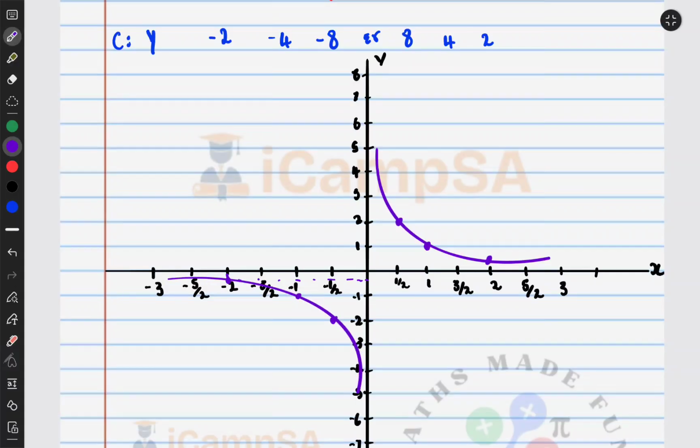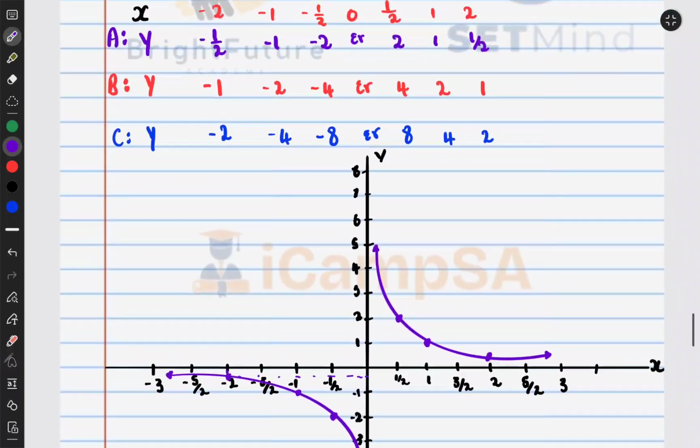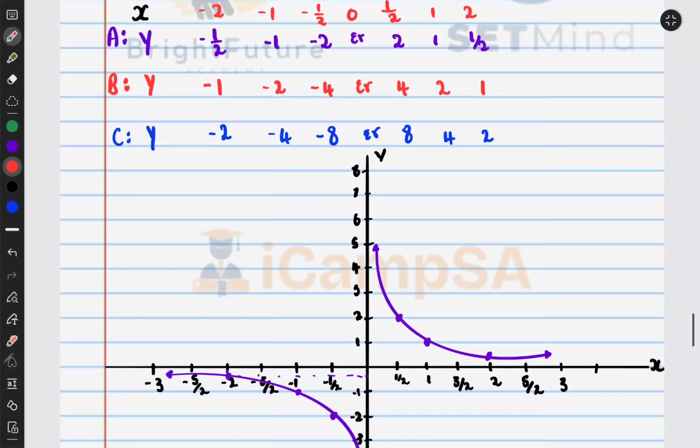Okay, these are the points. So as you can see, the function approaches the x and the y axis, but it never touches them. Okay, so there we have it. Let's go to function number b and plot function number b.